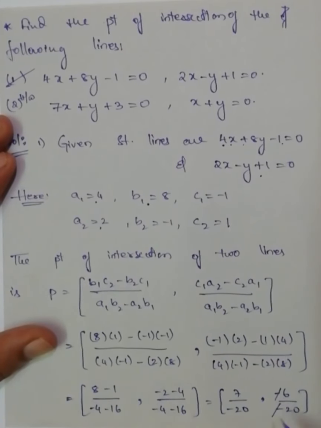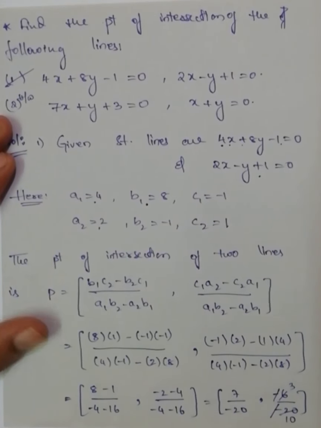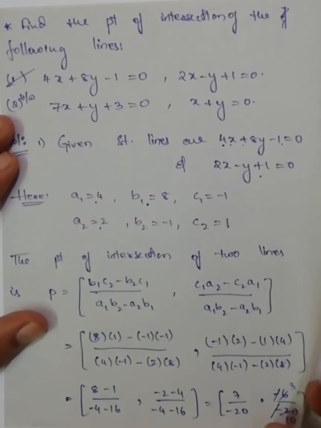Now here minus minus get cancelled, 2 3s are 6, 2 10s are 20. Therefore the answer is P is equal to minus 7 by 20 comma 3 by 10, the required point of intersection.